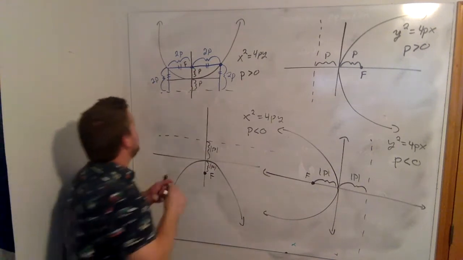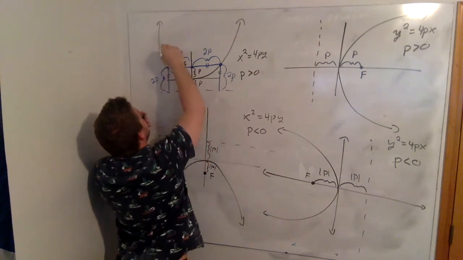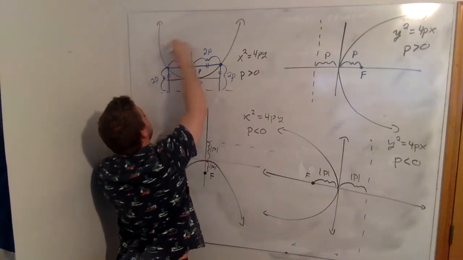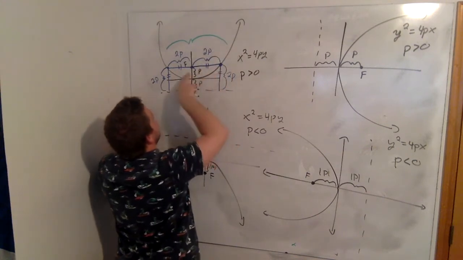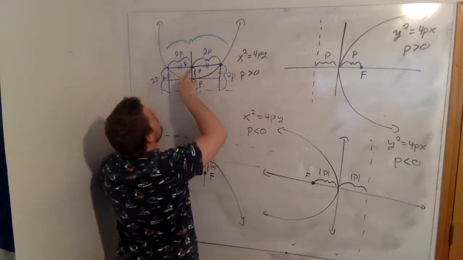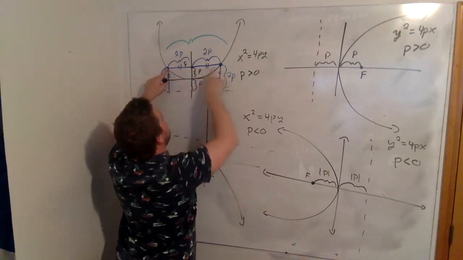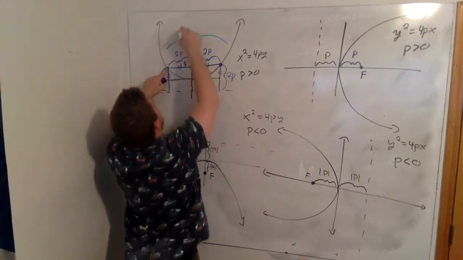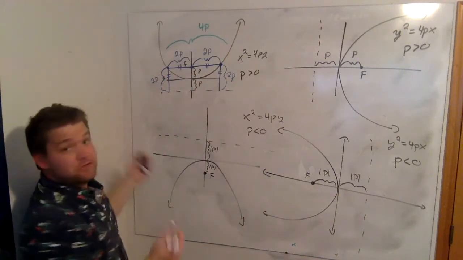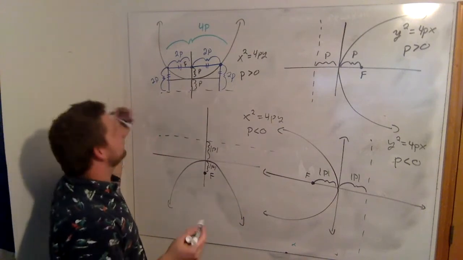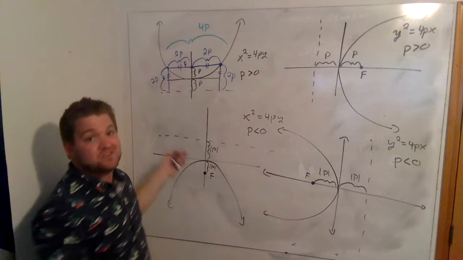So there's this nice measurement that we could make here. That's the distance from here to here. If you were to take a horizontal line that runs through the focus and have the endpoints of the line be on the parabola, this length right here is going to be 4p. This line does have a special name.